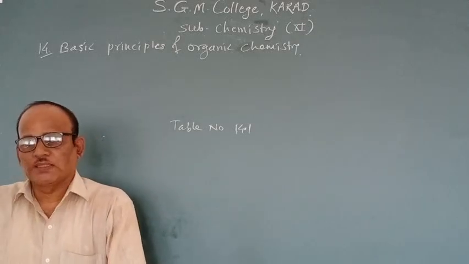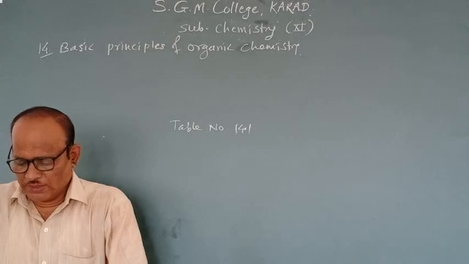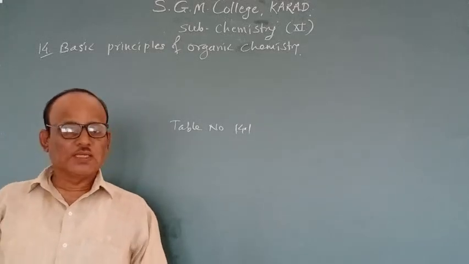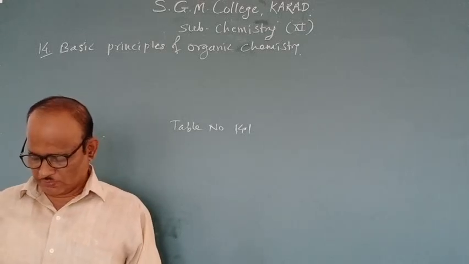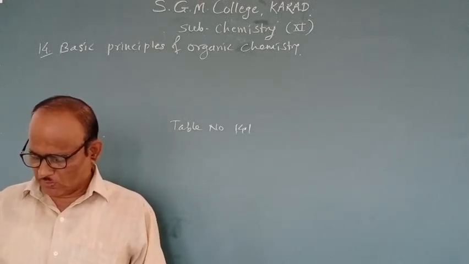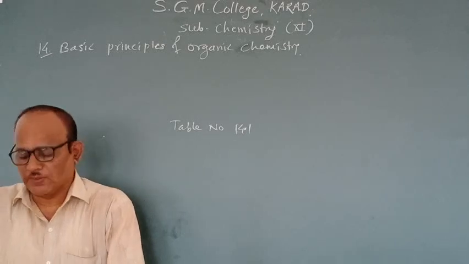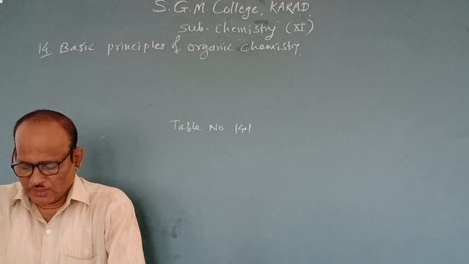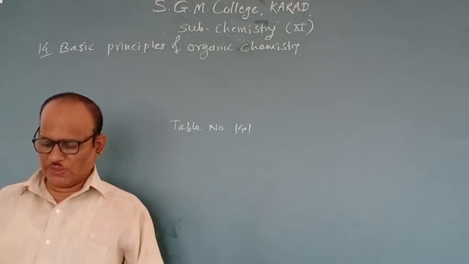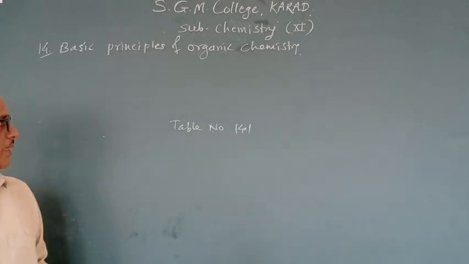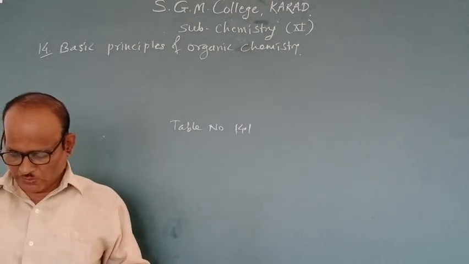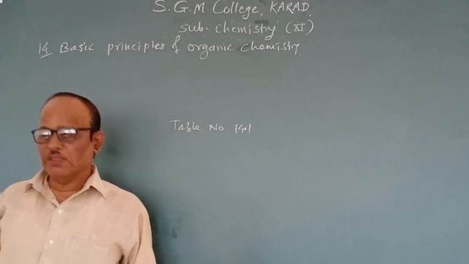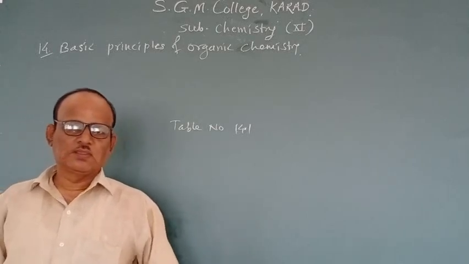In the second column the condensed formula is given, that is condensed formula A, and in the third column condensed formula B is given. And in the last column the bond line or zigzag formula is given. So there are 5 compounds given, and we have to complete this table by using the bond line formula, condensed formula or dash formula. So thank you.